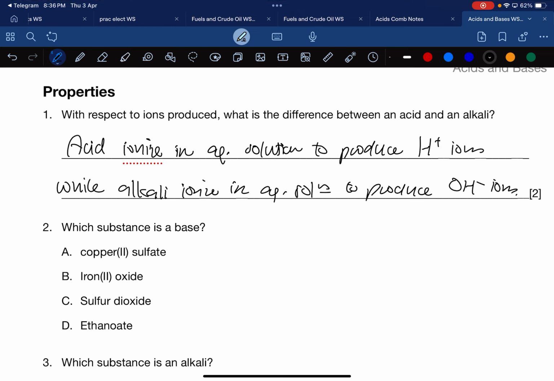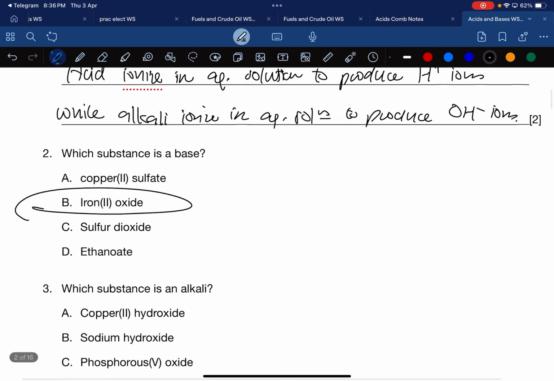No. What's a base in your notes? Your base is your metal oxide or hydroxide. Good stuff. Let's carry on.